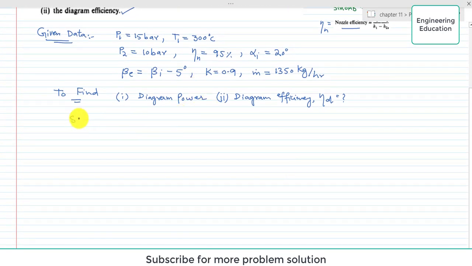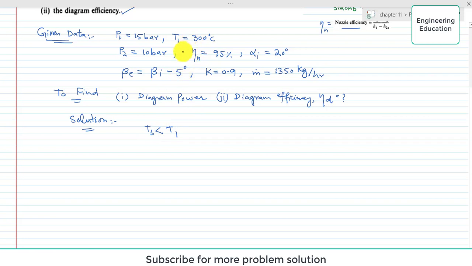So coming to the solution of this problem. First of all, from the condition of the steam at inlet, at 15 bar and T1 300 degrees C, if we go to the steam tables, first we visit the saturated steam tables. From there we see that the saturation temperature is less than 300 degrees C. So it means that the steam is in the superheated region.